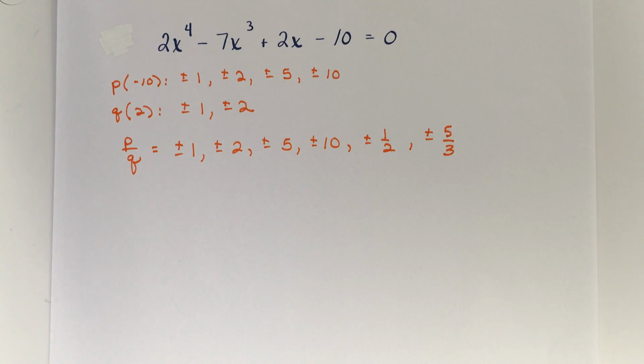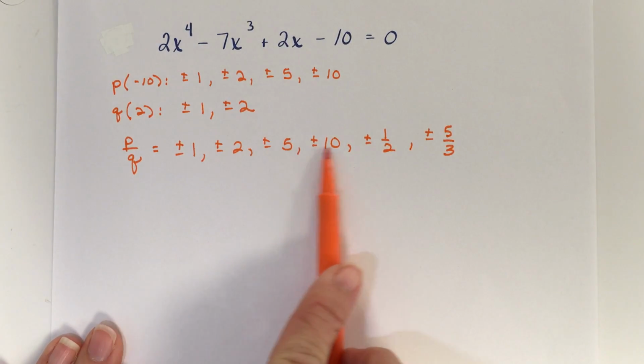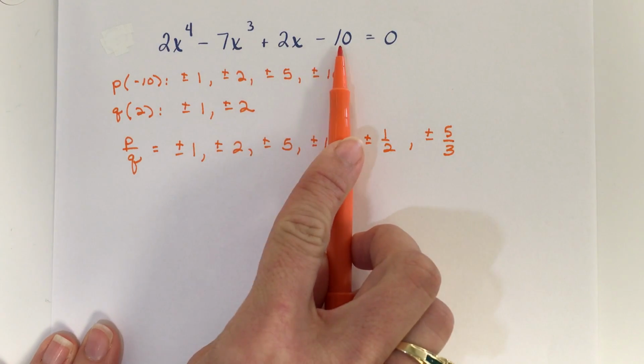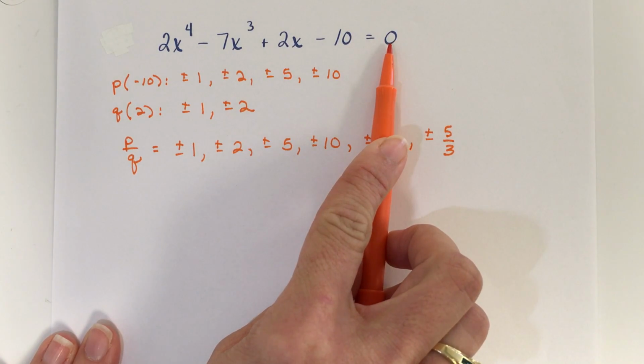Now, when it says to find the actual rational roots, this goes back to what we learned in the first part of chapter 5. If you remember, you had those problems in which you did synthetic division, and you wanted to get a remainder of 0 each time. That's what you're looking for here. I want to know which numbers in this list I can plug in for X and it equals 0.